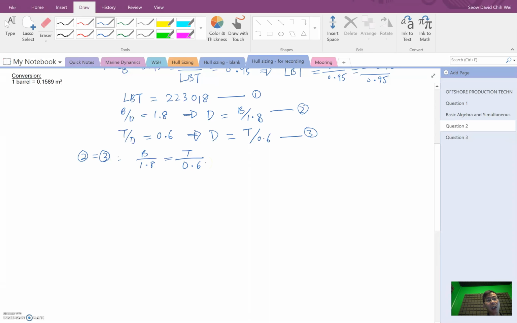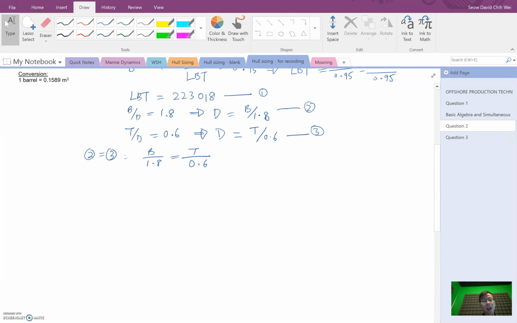And rearranging it in terms of T, I'll explain why I want to rearrange in terms of T, because I basically want to substitute B into the equation. So rearranging it, T is equal to 0.6 over 1.8 B. That gives me B over 3, and I call it equation 4.